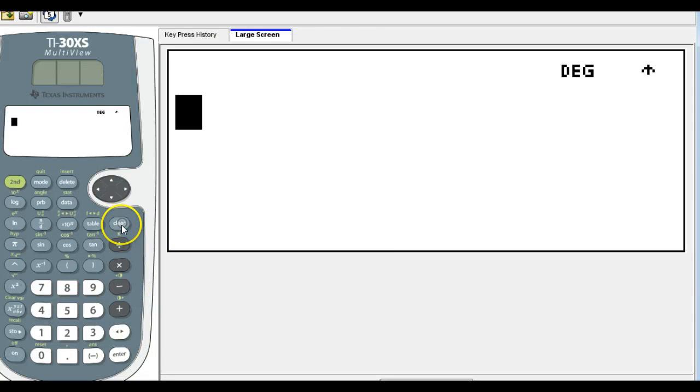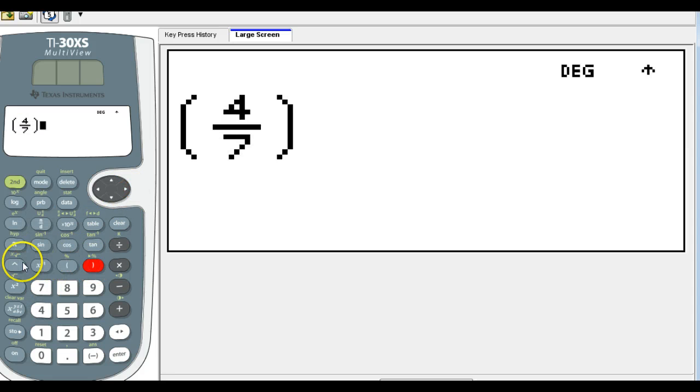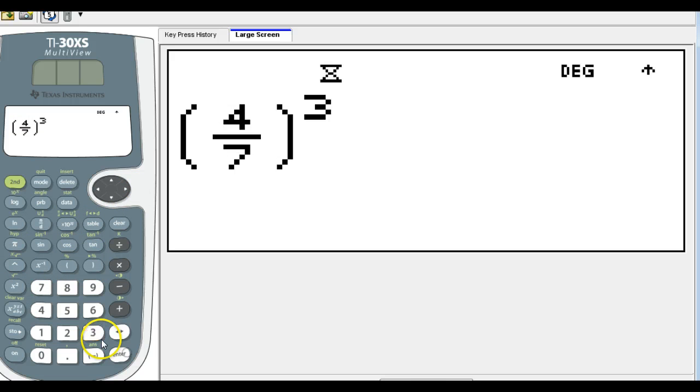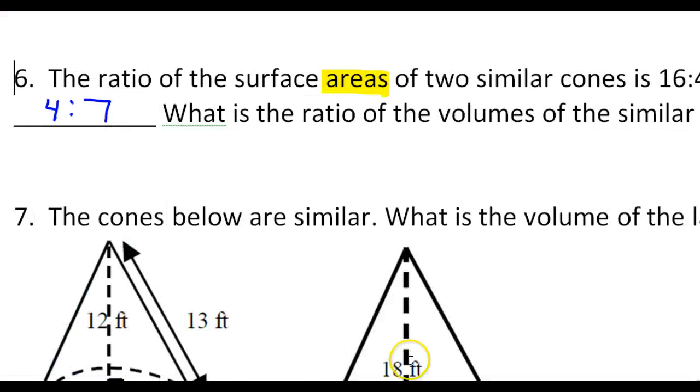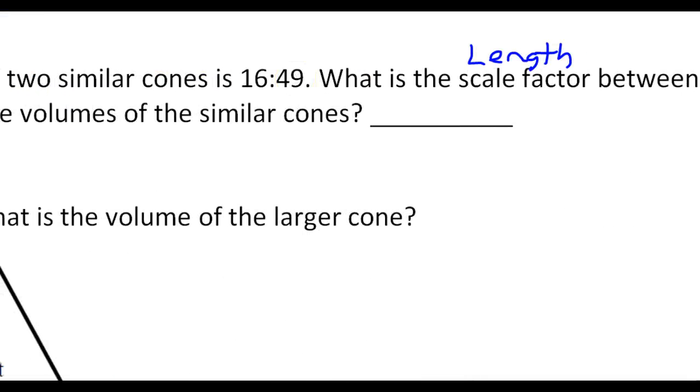Maybe we can do it all at once by doing a fraction, 4/7 to the third power. It's because 4 cubed is 64 and 7 cubed is 343. So 64/343, or we could write it 64 to 343.